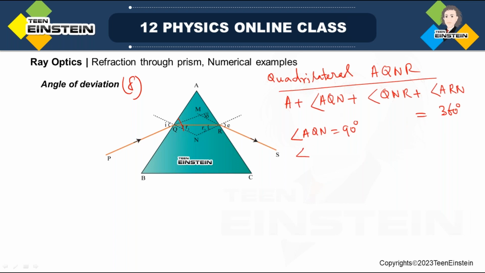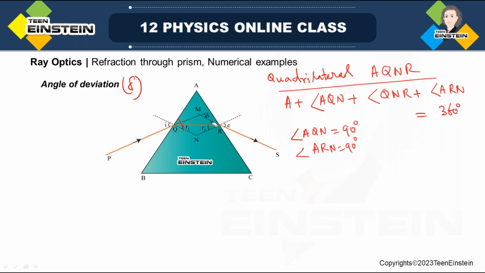Further, look at this ARN. This angle also will be 90 degrees, because NR is perpendicular to AC.